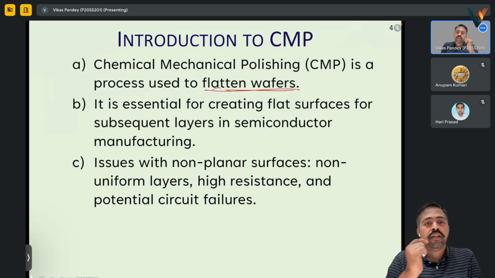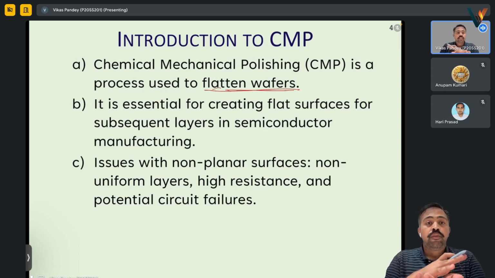That means in the first lecture, after learning about the clean room and all, we learned about wafers. We talked about how these wafers are polished and what their manufacturing process is.